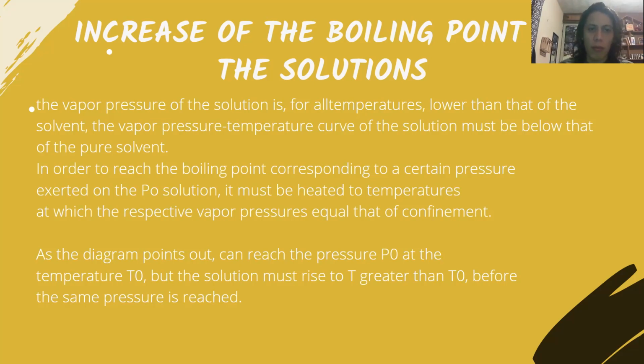In order to reach the boiling point corresponding to a certain pressure exerted, P0, the solution must be heated to temperatures at which the respective vapor pressure equals the confining pressure. As the diagram points out, the solvent can reach the pressure of P0 at the temperature T0, but the solution must rise to T greater than T0 before the same pressure is reached.